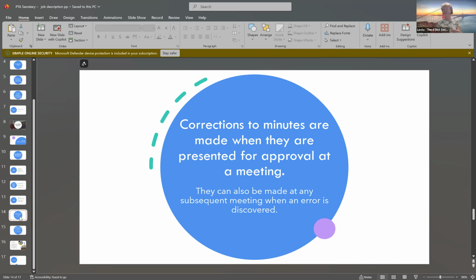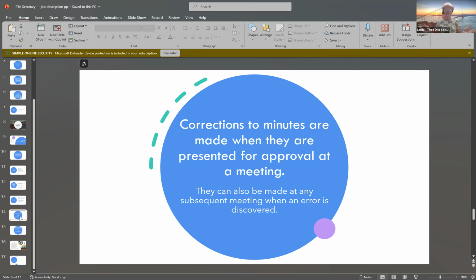So if in last month's minutes I put check number 177 instead of 1377, maybe somebody would point that out and say, hey, it says 177, I thought it was 1377. We double check. Yep, sure enough. So now you can present the minutes with the corrections made for approval, and then make sure those corrections are made to the minutes that you are maintaining for your records.